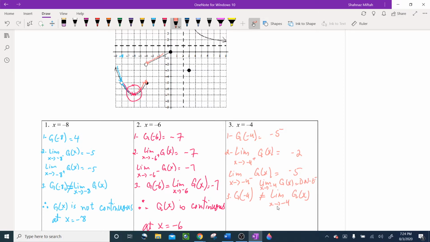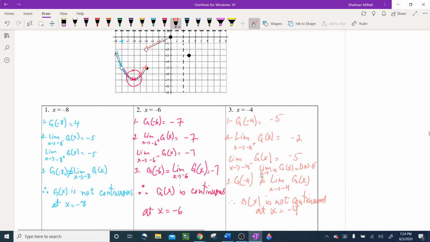Therefore, g of x is not continuous at x equals -4.